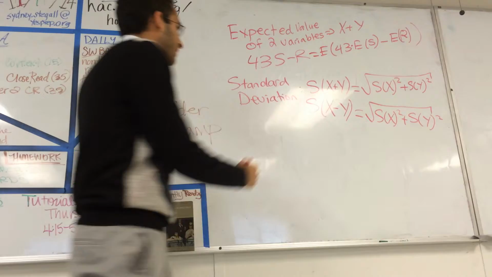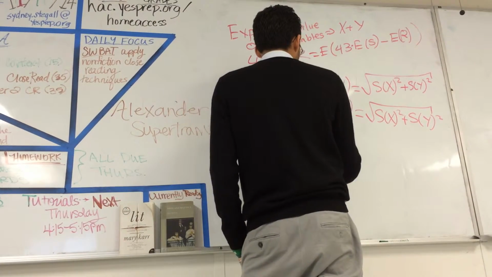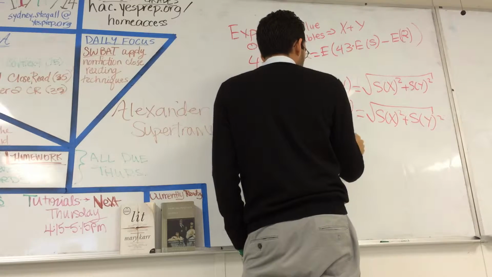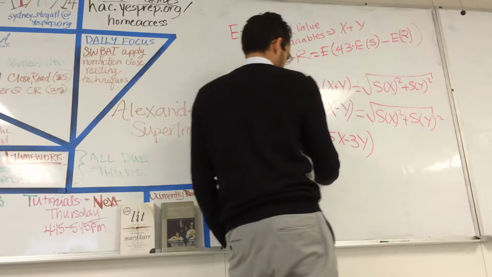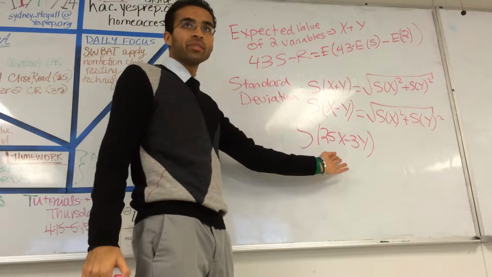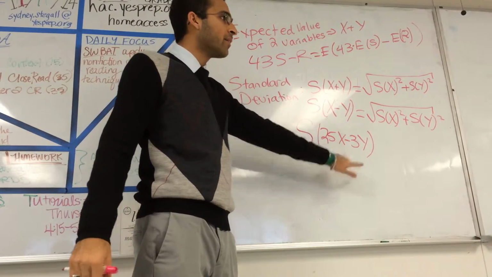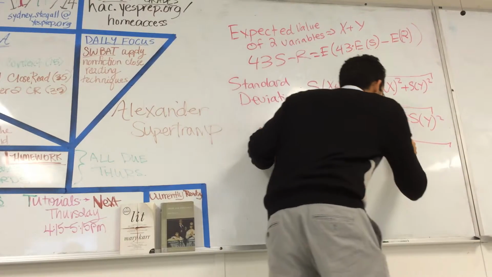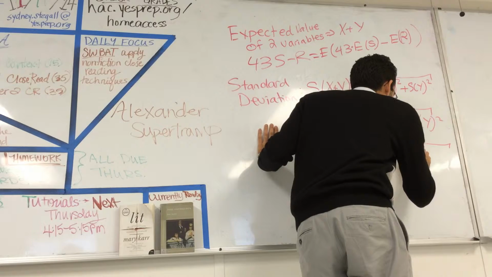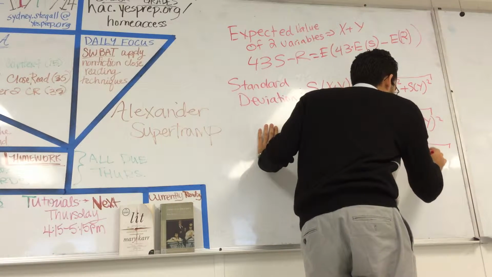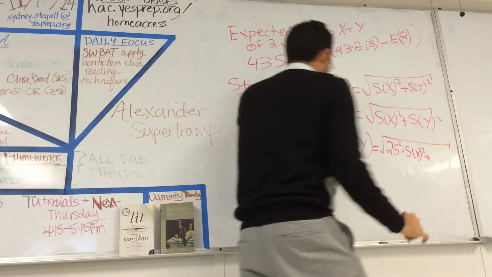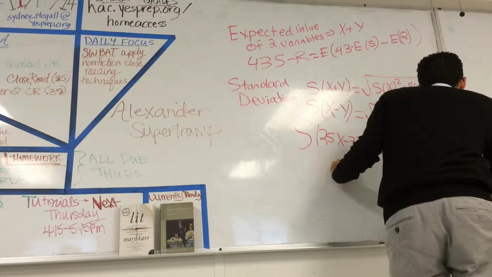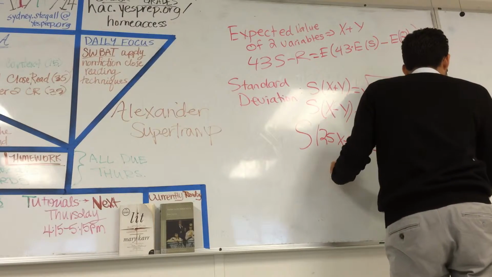And then we had problems like this. If y'all remember the formula, we had standard deviation of, let's call it a number, call it 25 times x minus 3y, where you had a number times x minus a number times y. And this is equal to 25 squared times the standard deviation of x squared plus 3 squared times the standard deviation of y squared.